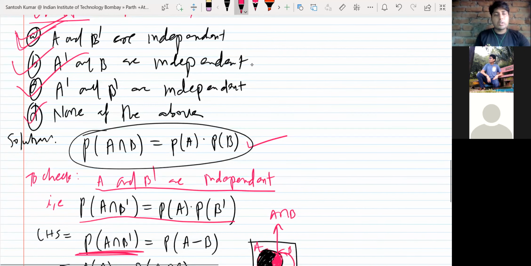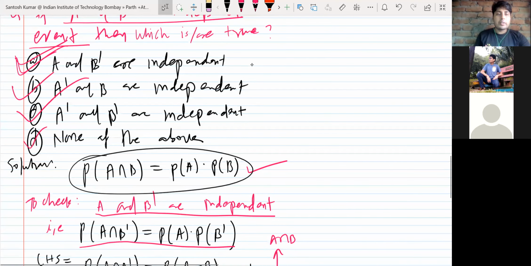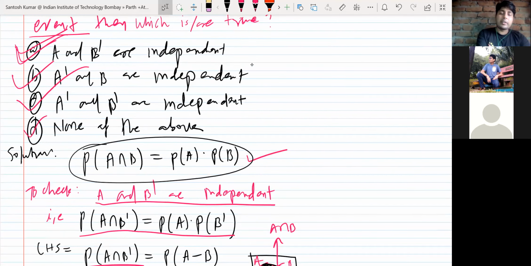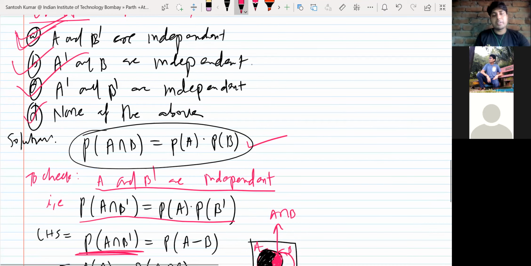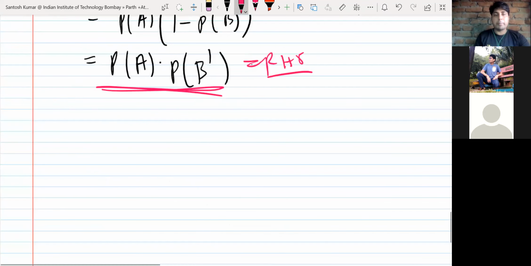So option B, would you like to try? For the first option I did A intersection B dash is equal to PA into PB dash, and for A dash and B, probability of A dash intersection B is equal to probability of A dash into probability of B. So you can prove the B part, I think. So for the A part I proved.